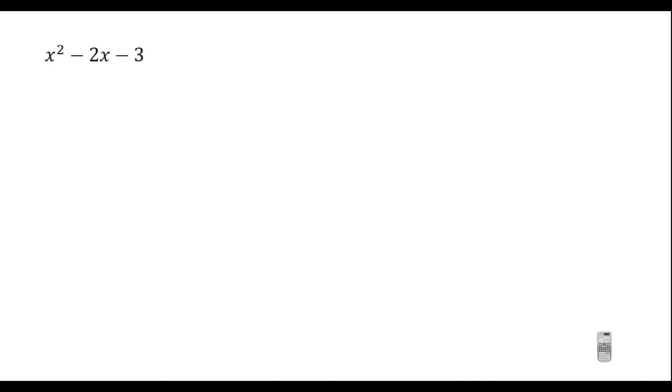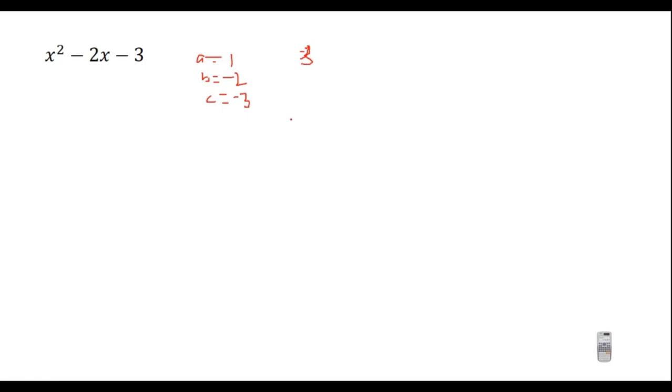Let's pick another example. In this example, A is 1, B is negative 2, and C is negative 3. So A times C will be negative 3.